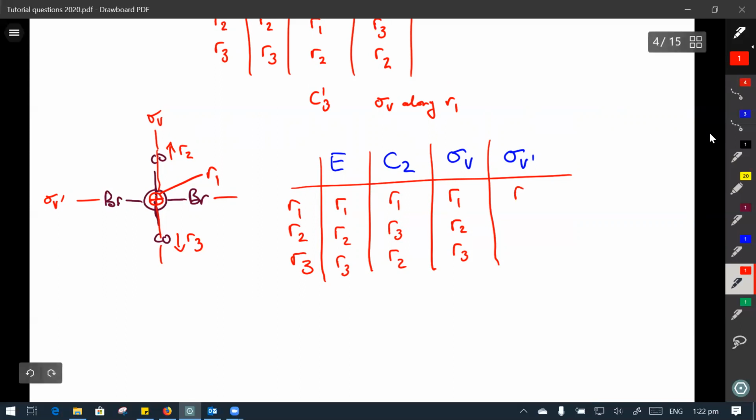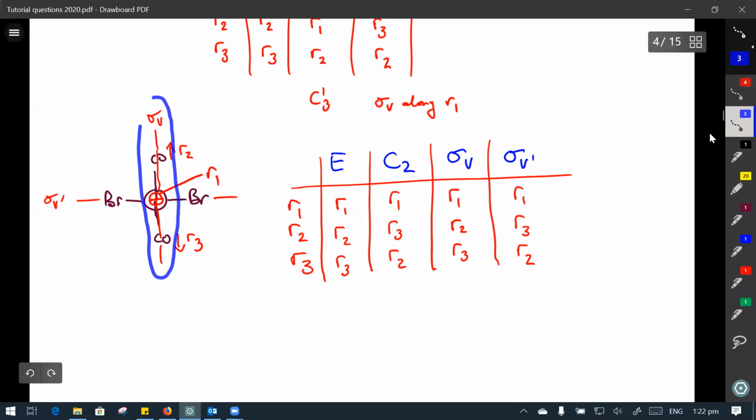I'm just getting my head around it again. And then R3 and R2 are reversed. So the key thing here is that in this plane, all of the carbonyls lie in it, so they all stay the same. And in this plane here, only the R1 stays in it, so it's the only one that stays the same. So when you come to add up things, it's going to be 3, 1, 3, 1.